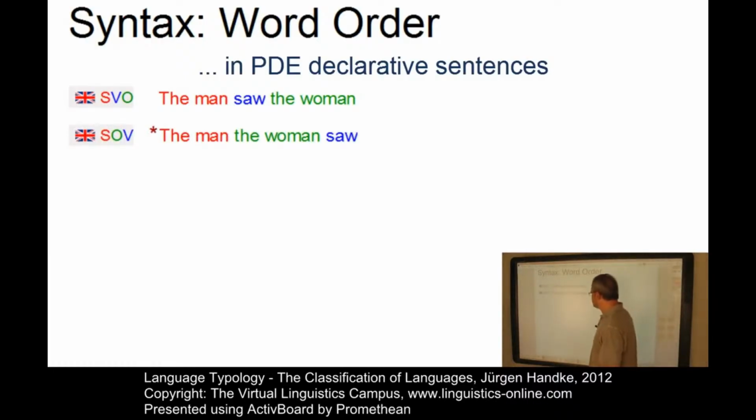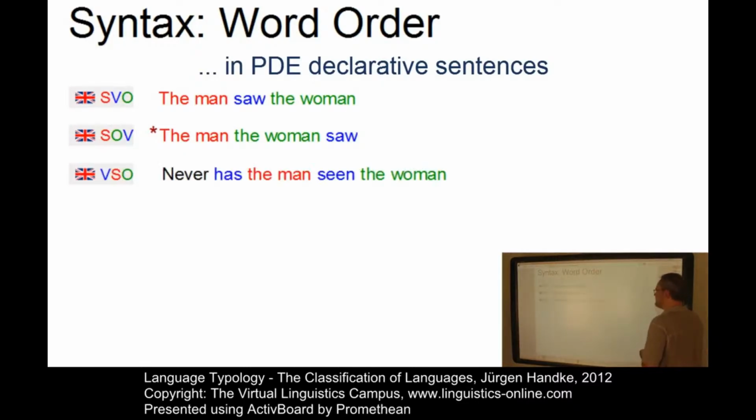SOV, by contrast, is impossible in present-day English. So the man the woman saw is absolutely impossible. There's no sentence in present-day English which can exhibit the SOV structure. Now, VSO is an interesting type of word order which is possible in present-day English. However, as you can see in the example, never has the man seen the woman.